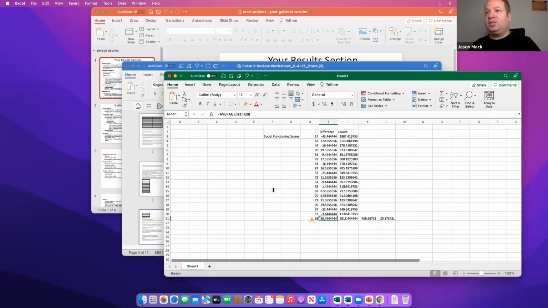I labeled this mean, so I just said subtract each value minus the mean. So 17 minus this, and so on and so forth. Each one of these is minus the mean, which is this number right here, okay? So 17 minus this mean, 44 minus this mean, and so on. Then I squared the values.